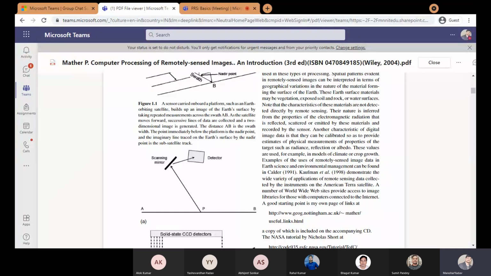That value depends on how much energy is coming out and in which particular band we are sensing that energy. If you sense that energy at a larger wavelength, the energy component will be less compared to sensing that area at a shorter wavelength. Is it clear? Again, this is a very generic discussion.